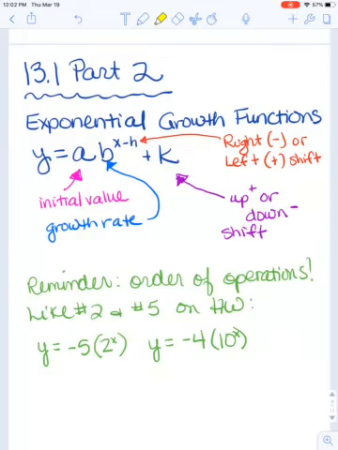Remember, we're talking about exponential growth functions, and we have this format: y equals a times b to the x minus h plus k.